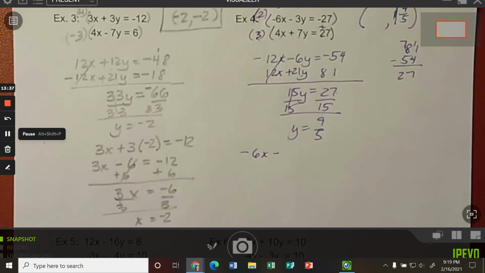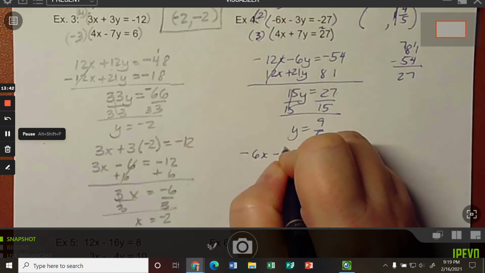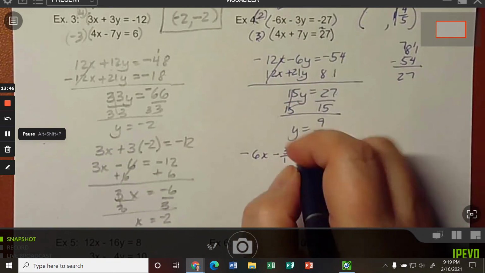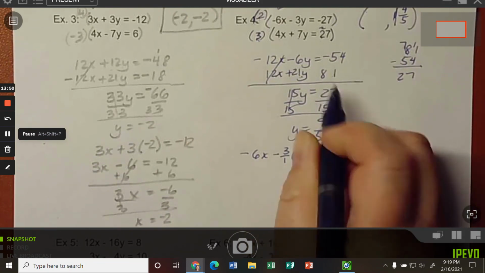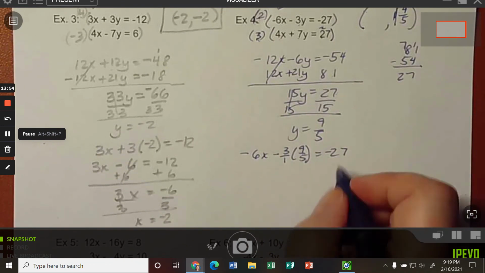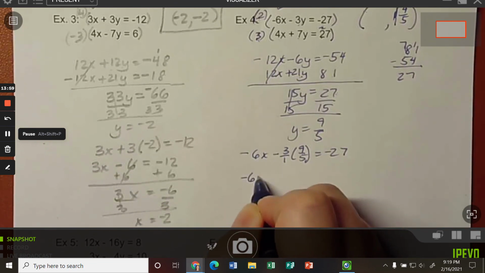So I'll write my 3 as the 3 over 1, because I see I'm working with the fraction 9/5. So instead of saying times y, I'll say times 9/5 equals negative 27. Okay, and then I'll bring this down, negative 6x.